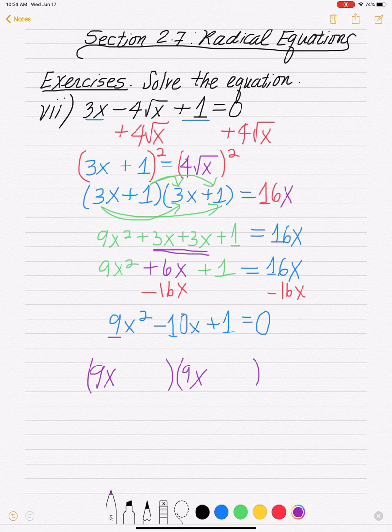And then I got to find 2 numbers that multiply to give me 9 times 1, which is 9, and add to give me this middle number of negative 10. Can you think of 2 numbers that multiply to give you 9 and add to give you negative 10? Well, I can. I can think of negative 9 and negative 1, right? Negative 9 times negative 1 is 9. Negative 9 plus negative 1 is negative 10.